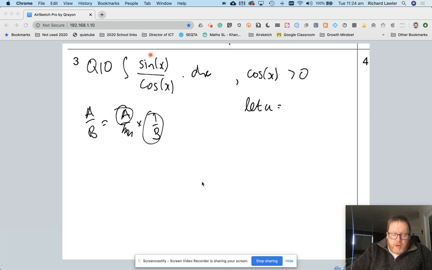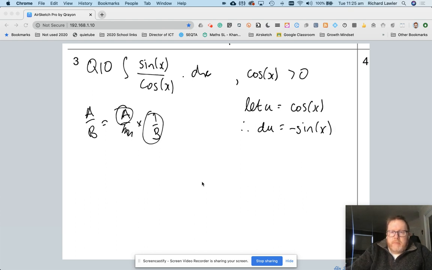So in this case, we've got sine multiplied by 1 over cos x. And that's where our inside function comes from, because we've got 1 divided by as the outside function and cosine of x being the inside function. And so we let u be the inside function, cosine of x. So therefore, du is equal to negative sine of x.